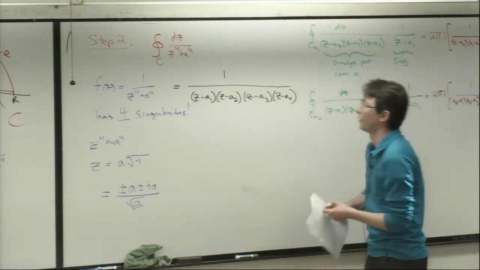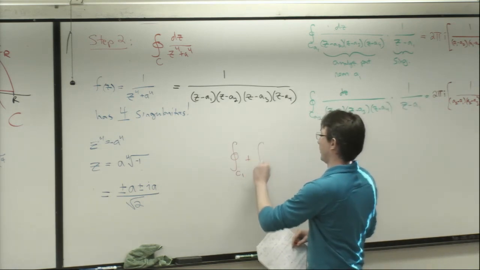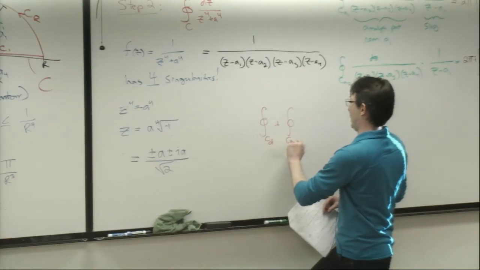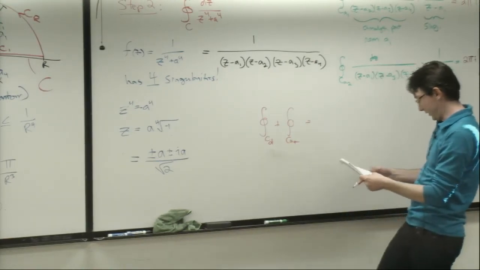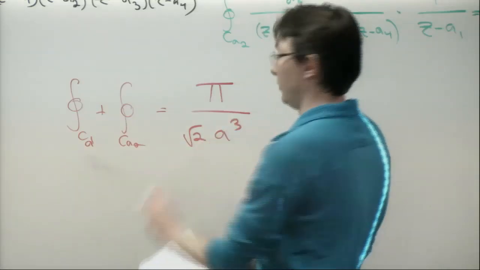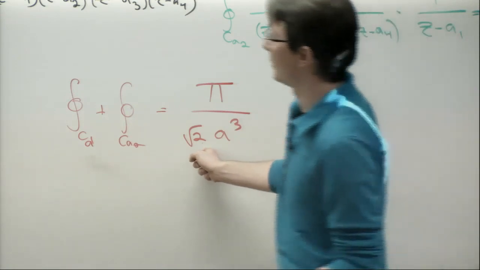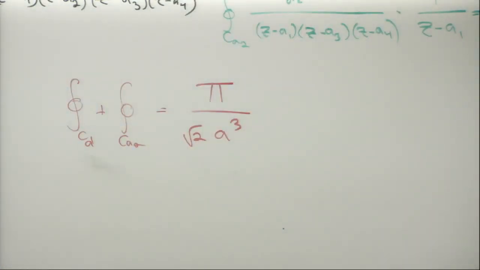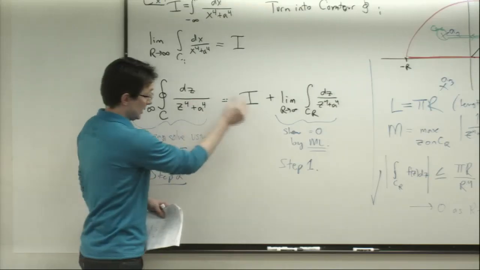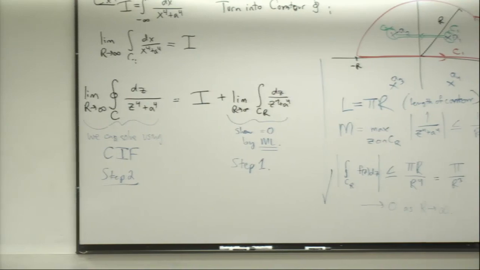You get, so the integral around C A1 plus the integral around C A2 equals pi over root 2 a cubed. And this is equal to this big contour integral, which is equal to I, my real valued integral from negative infinity to infinity.